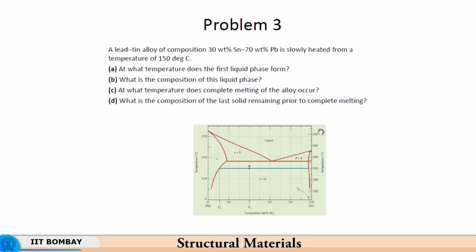So as more and more alpha melts, you are adding more and more lead to the system because it is leaner, and therefore the amount of tin gets more and more diluted by the addition of lead as alpha melts.